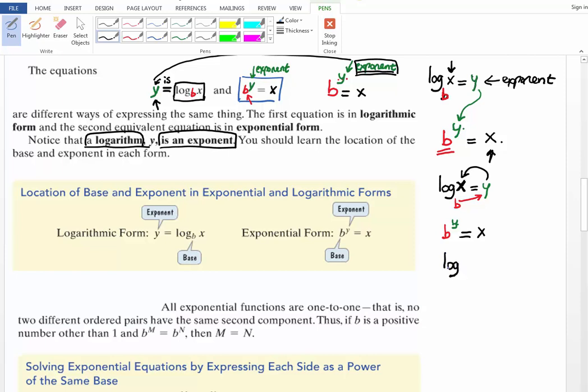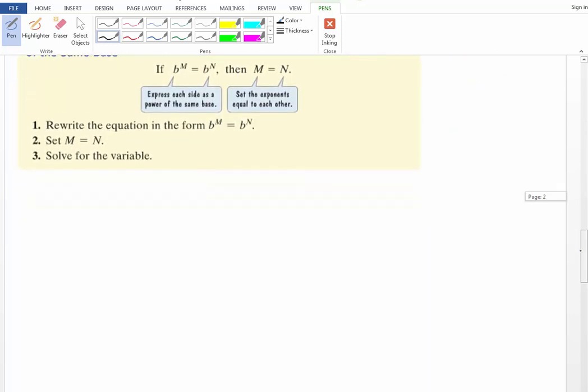I'll say it one last time over here, then we'll practice. Log base b of x, what is that? It is an exponent that I must place on the base b in order to get the quantity inside the log. So the base b raised to my mystery exponent should give me the quantity x, which is in the log. So let's see how they use that information in order to answer something.